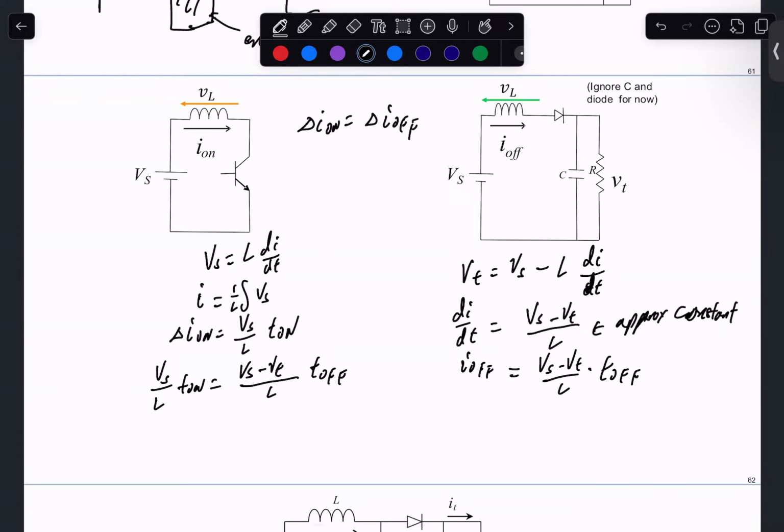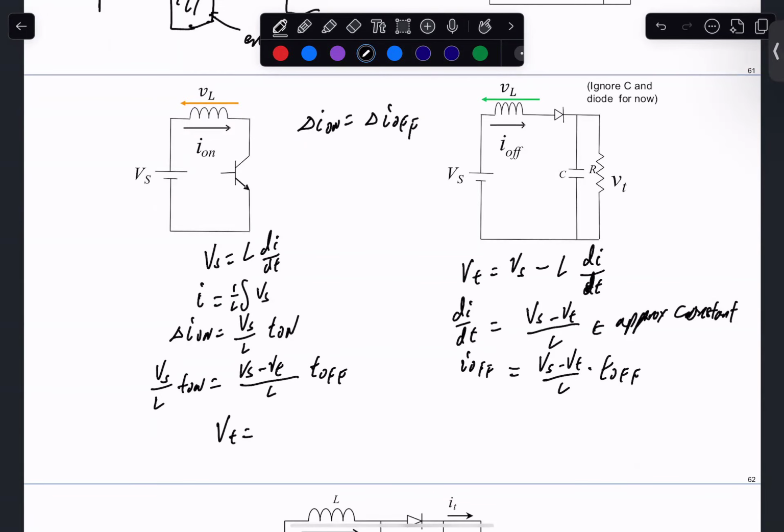Shuffling the equations a little bit and solving for Vt, you have Vt equal to Vs times (1 plus T on over T off). So this is Vs multiplied by a factor that is greater than or equal to 1.